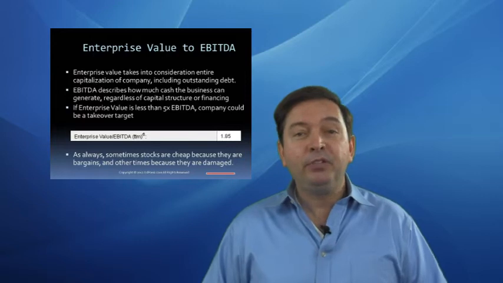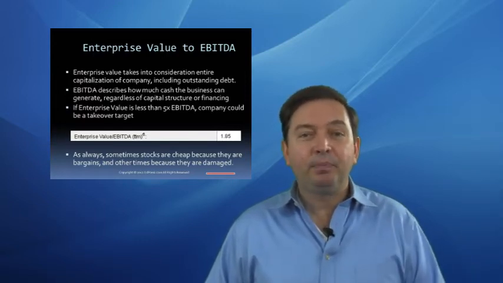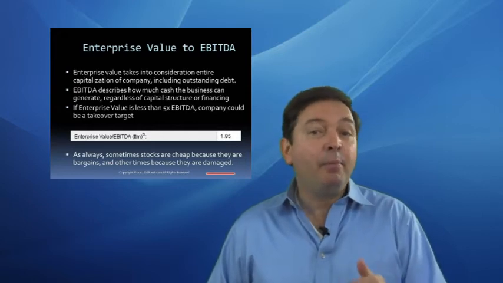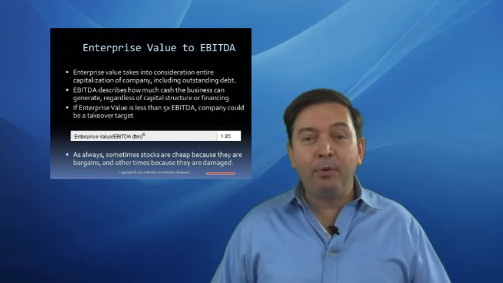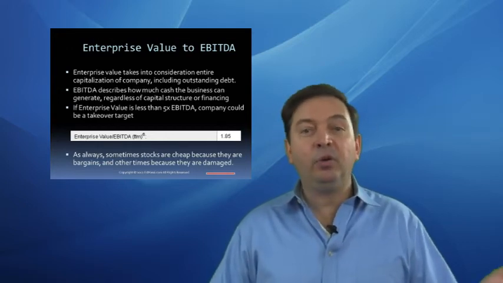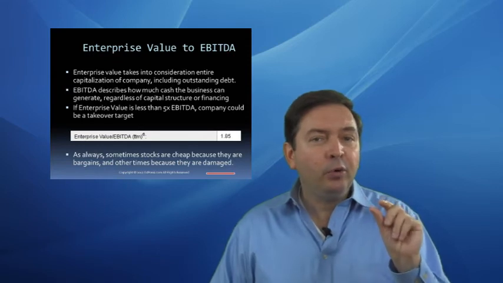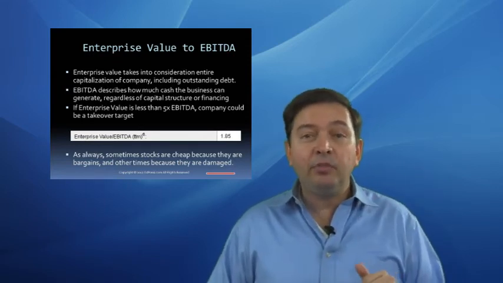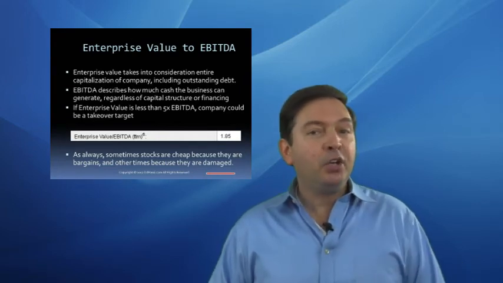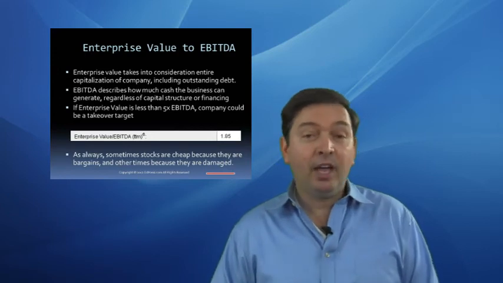Enterprise value is the market cap plus the debt minus the cash. EBITDA describes how much cash the business can generate, regardless of the capital structure or the financing or the debt, etc. If the ratio of the enterprise value is less than 5 times EBITDA, that company could be a takeover target. And those companies, of course, have a tendency to pop sometimes.